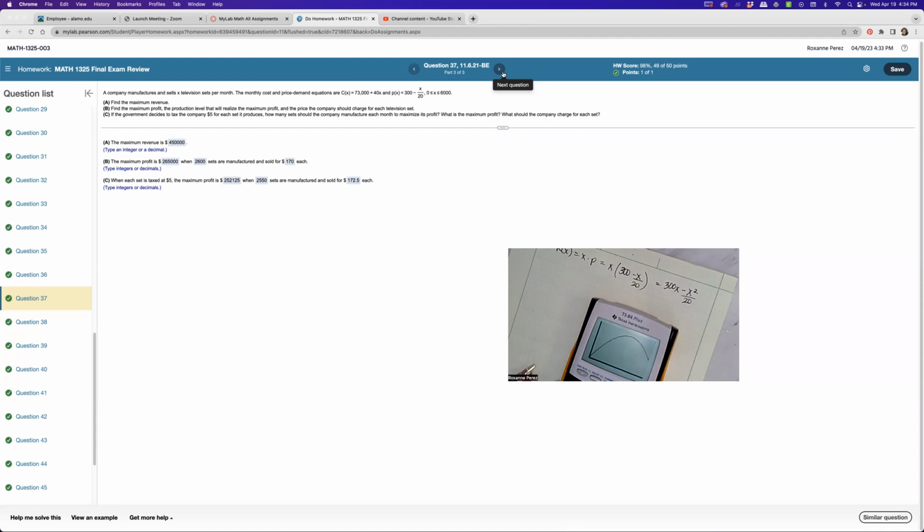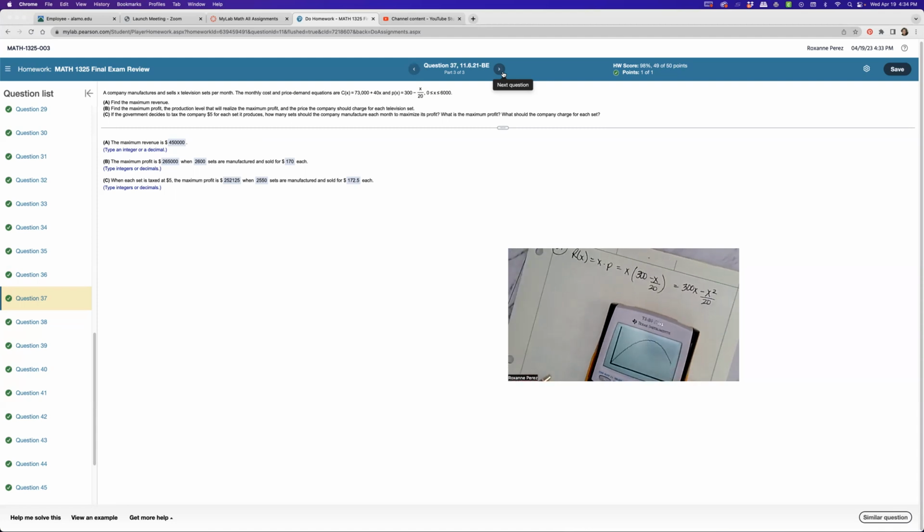Cool. All right. I can see my maximum. I don't really honestly care about what else is going on over here. This is the point I'm focusing on. So second trace, maximum, slightly to the left, enter, slightly to the right, enter, enter again.